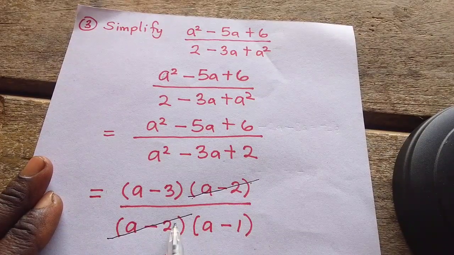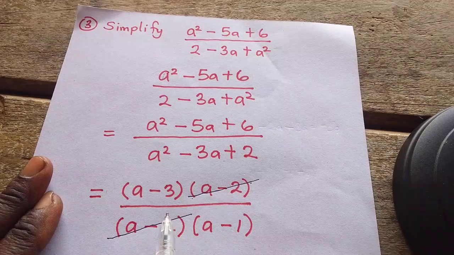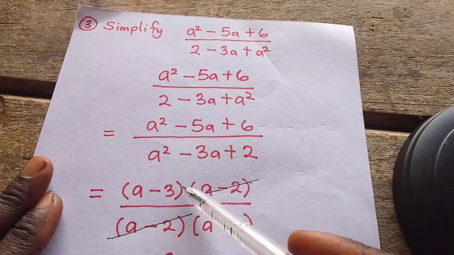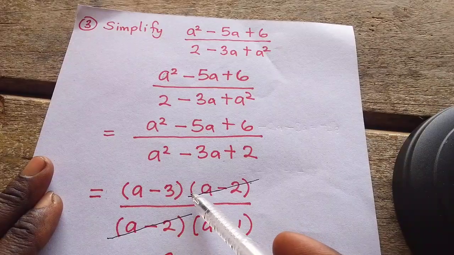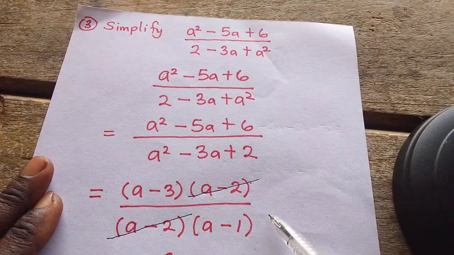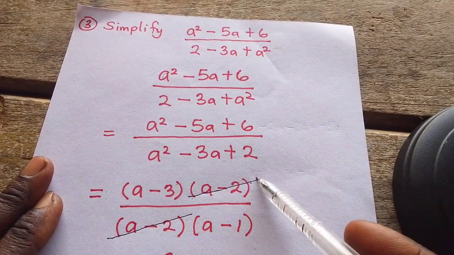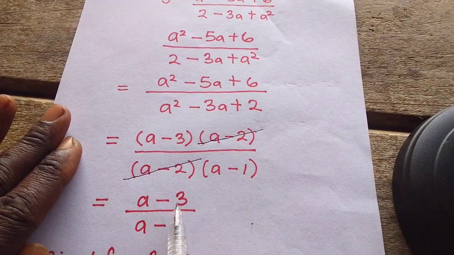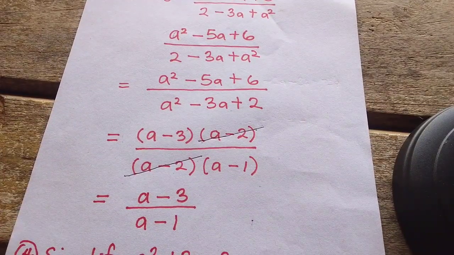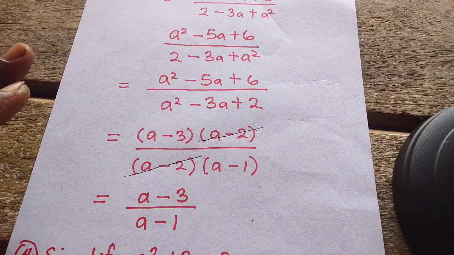Since this and this look similar, you cancel them out. You can only cancel when you have multiplication. This is multiplying this, and this is multiplying this, so you can easily divide each other. So you are now left with (a minus 3) over (a minus 1).